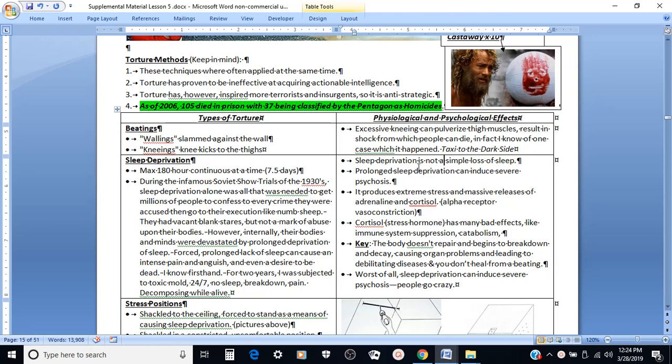Right, so sleep deprivation is not a simple loss of sleep. Prolonged sleep deprivation can induce severe psychosis, right? It produces extreme stress and massive release of adrenaline and cortisol. Now, one of the ways that these cause damage is through too much adrenaline, for example. It can cause, let's say, heart damage. It's cardiotoxic. But too much adrenaline can cause activation of alpha receptors. There's five types of adrenergic receptors: alpha 1, alpha 2, beta 1, beta 2, beta 3. Alpha 1 and alpha 2 are both vasoconstrictors. So when you start pumping out adrenaline, it cuts off blood supply to those areas.